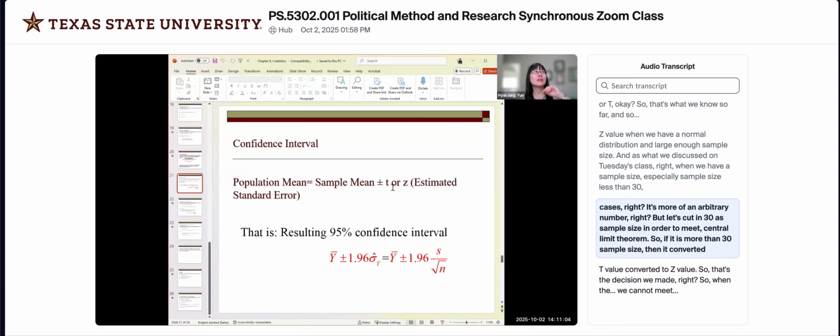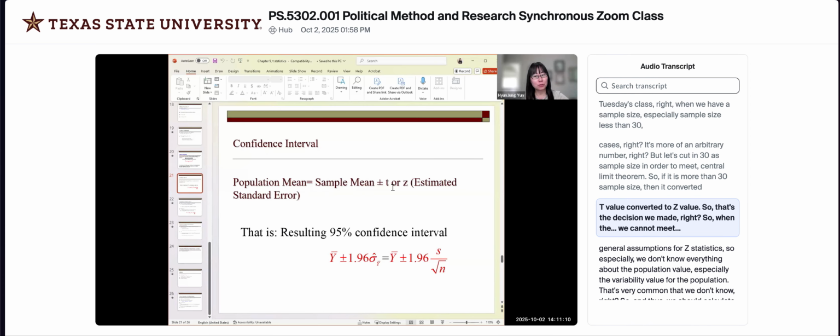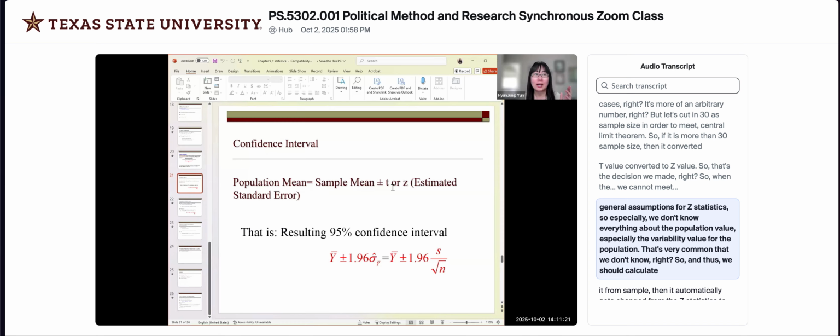If the sample size is more than 30, the t value converges to the z value. That's the decision we made, right? When we cannot meet the general assumptions for the z statistics, especially when we don't know everything about the population value, especially the variability of the population.